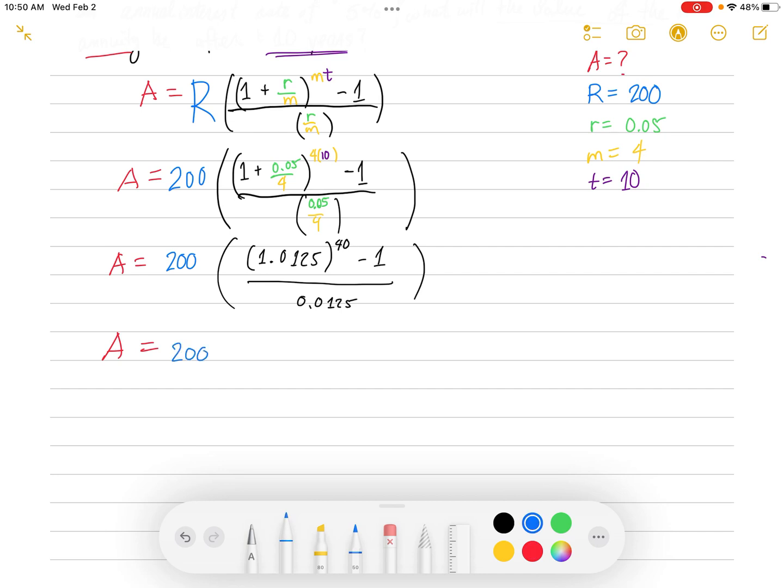When you're putting it in your calculator, probably you want to put parentheses around the top and then do a fraction and divide by 0.0125. Oh, I should put parentheses around all that first. So let me do that back over again.